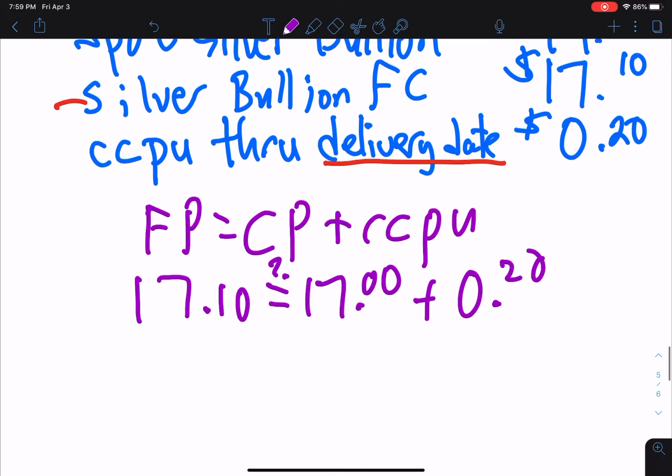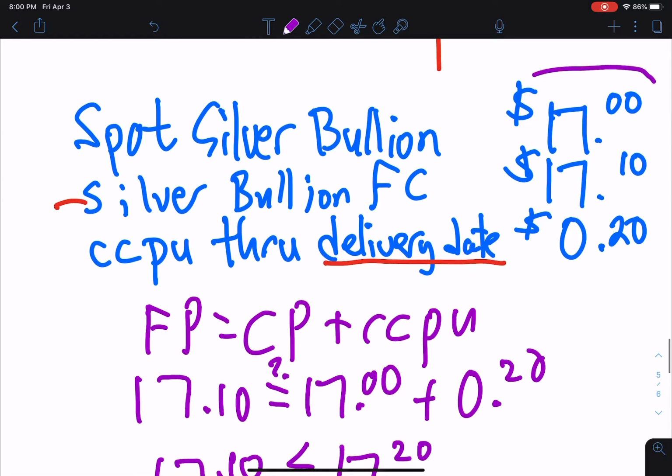And the answer is no. In fact, 17.10 is less than 17.20. Oh, okay. So the full carry model equation is not satisfied with these values.